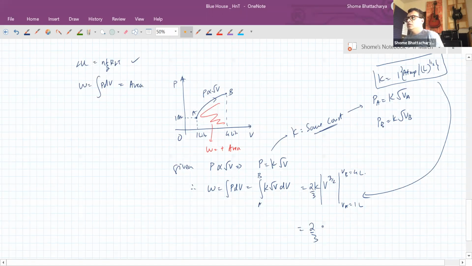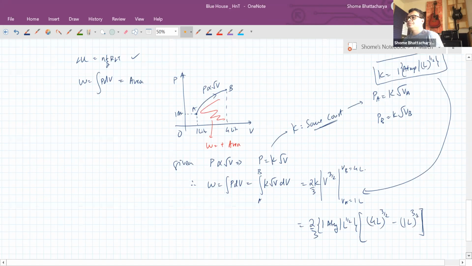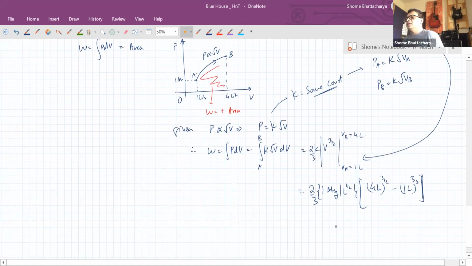K's value was coming out as 1 atmosphere per liter to the power half. So K now into the limits: 4 liter to the power 3 by 2 minus 1 liter to the power 3 by 2. You'll see not only are the values important, but the units also. So I'll get 2 by 3 into 1 into 4 to the power 3 by 2, that's 8, minus 1 to the power 3 by 2.